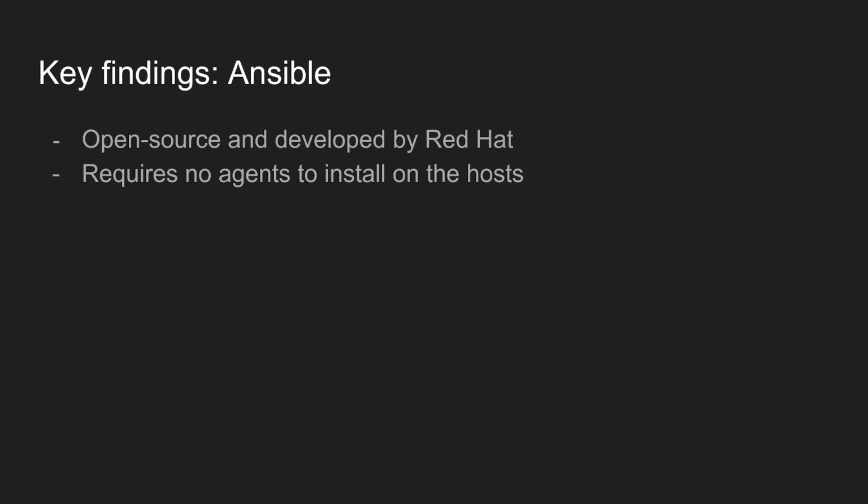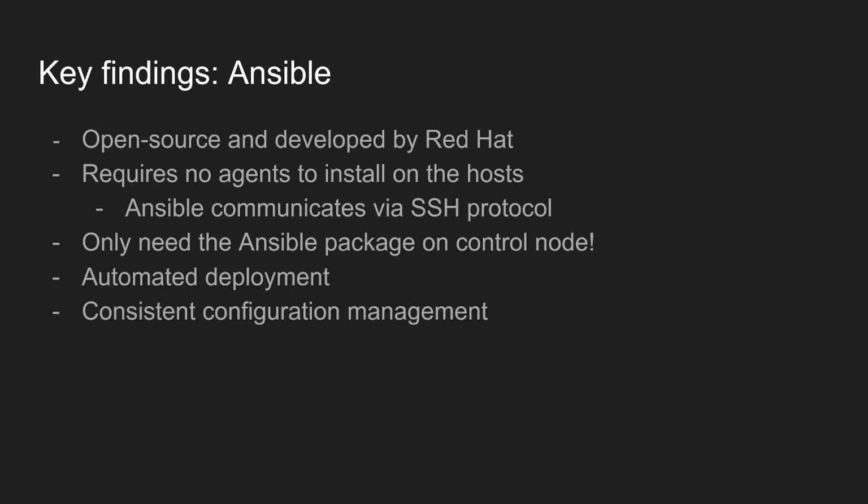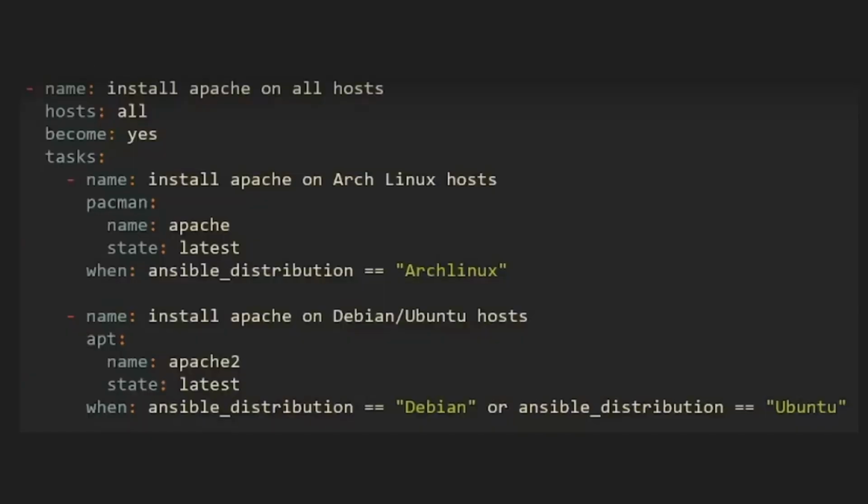Instead, Ansible uses the SSH protocol to communicate to the hosts, so you only need to install the Ansible package into your control node. Ansible is also really great for its efficient provisioning, consistent configuration management, automated deployment, and scalable orchestration. All right, so in our playbook, we had something just like this. So it is very simple and easy.